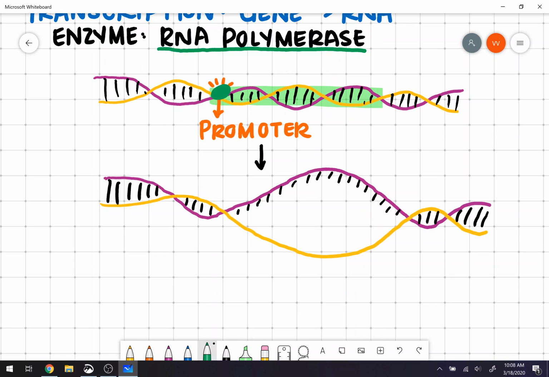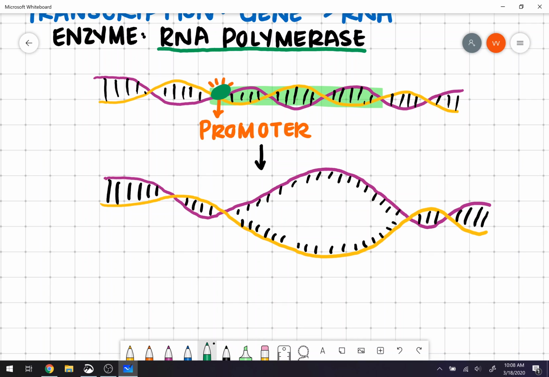And again, what it's going to do is bind to the DNA and untwist that DNA.